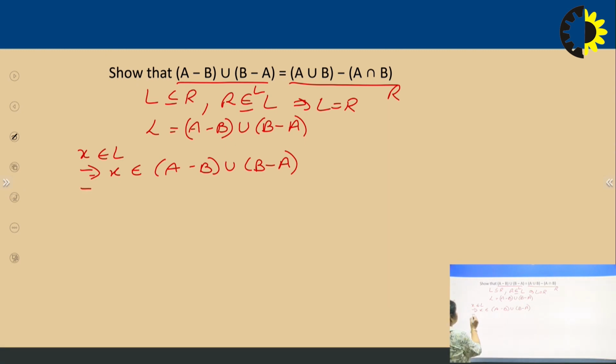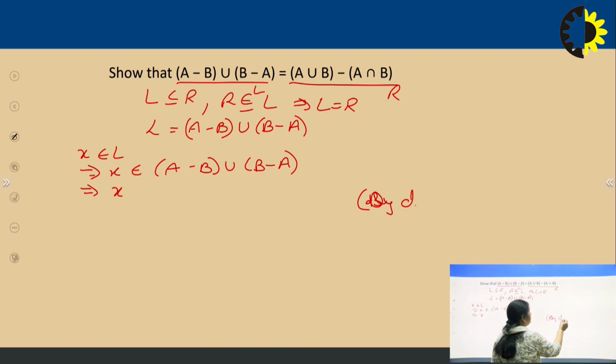From here I can simply say, by the definition of union, what is the definition of union? The definition of union says that the element is either in the first set or in the second set or in both. So I am taking or.